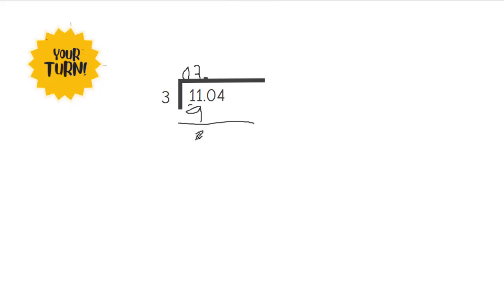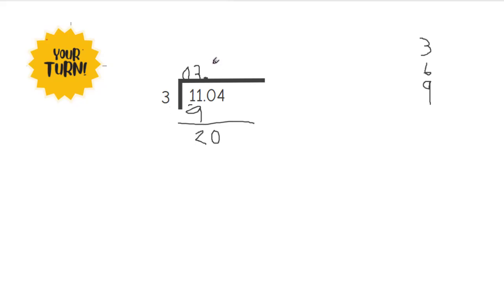And then we have 2, and we bring down our 20. Now, if you don't know your multiplication, there's also a workbook in the description, but you can write your multiples over here off to the side. If you need to do that, do it. That helps you be more independent in your work, and you're figuring it out by yourself. So I know that 3 times 7 is 21.